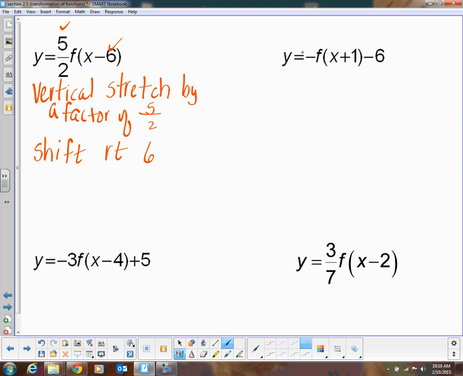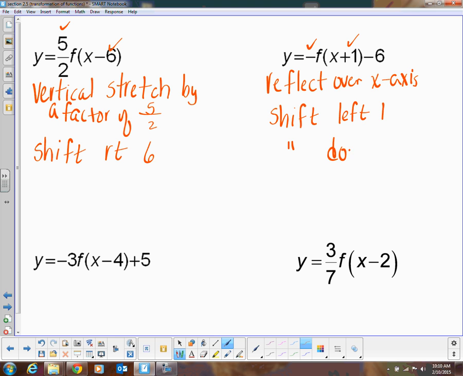Okay, what does this mean? Reflect over x-axis. What does this mean? Shift left 1, and it shifted down 6.